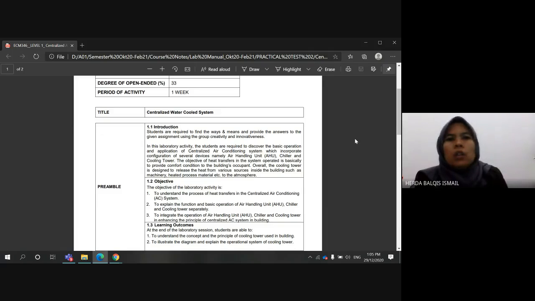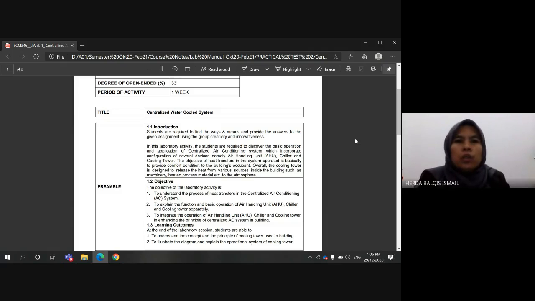So basically, a centralized system is a system which is suitable to supply coolness to a huge building. For example, in UiTM, the design of the ecosystem combines these two, that is the localized system and also the centralized system.